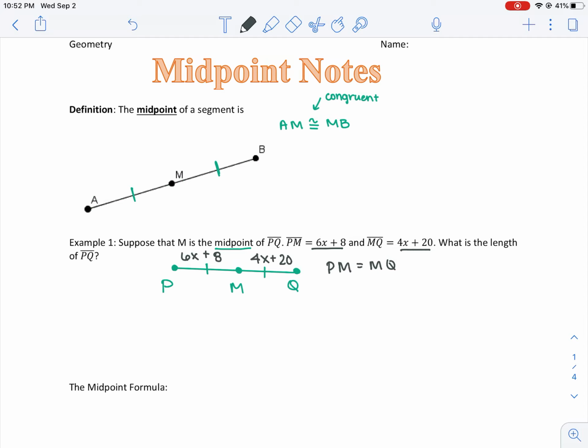The two sides should be equal to each other because M is cutting it in half. And PM, I know, is 6x plus 8, because it tells me right here. And I know MQ is 4x plus 20. So I can set them equal to each other. Whenever we have a midpoint problem, we want to set the equations equal to each other.